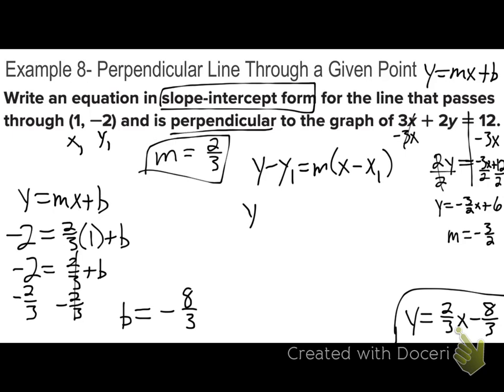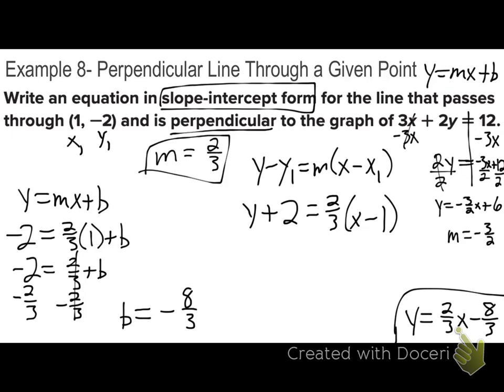So I'd get y minus, what's the y value? -2, so this would be y plus 2. We okay if I just change it to a plus right off the bat? Equals my slope, 2/3, times x minus the x value from the ordered pair. So there's an equation in point-slope form.